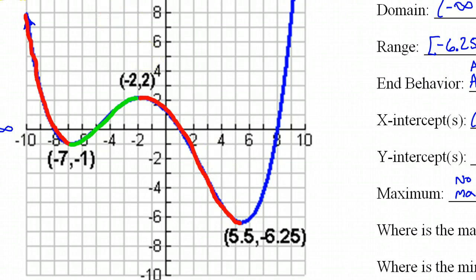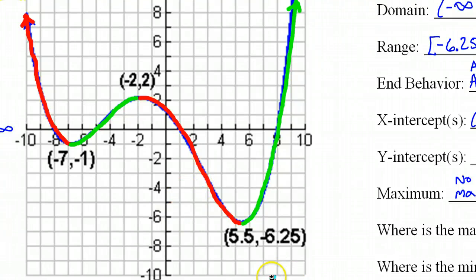And then right about there it switches, and you start going uphill again. Okay, so these are the decreasing intervals that you see here in red, and the increasing intervals you see here in green.